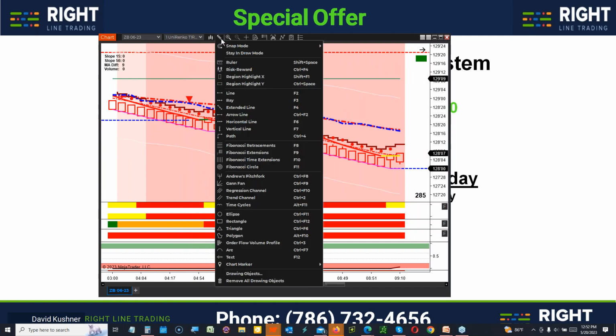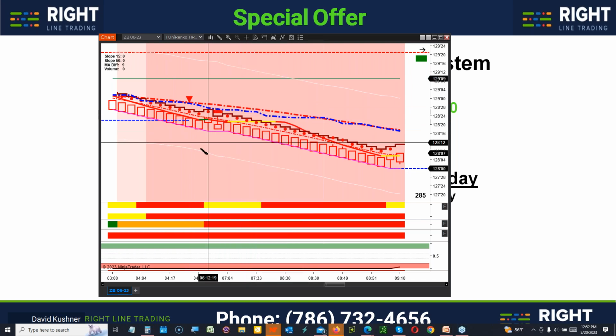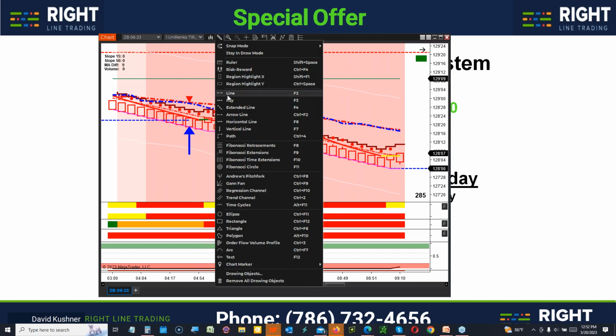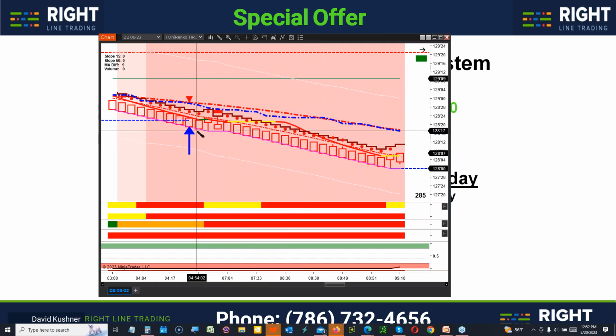Let me do an arrow to make it easy. Here's the 3/4 candle break, and here's the pullback candle. When we saw the break of the pivot, we would place our order on the pullback candle, right below here, right about there.